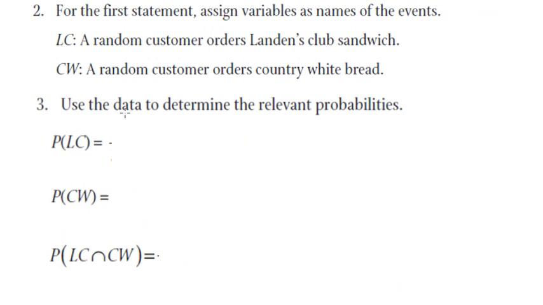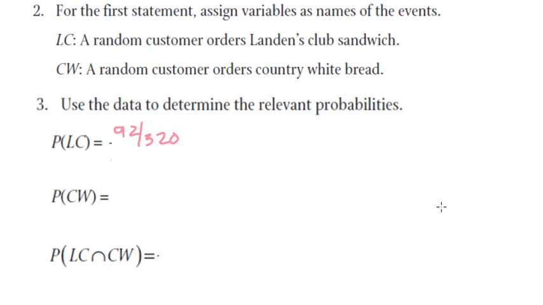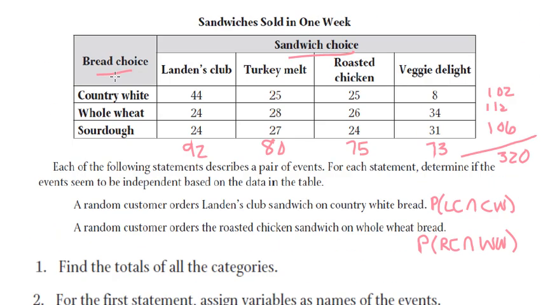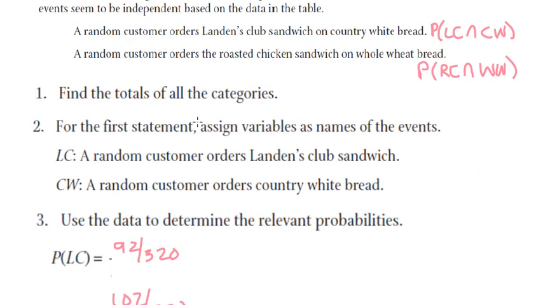Then for CW, that's country white bread. That's 102 out of 320. Now, the ones that got both, Landon's Club on the country white bread is going to be 44 out of 320.